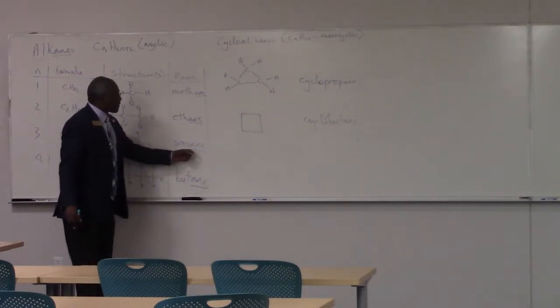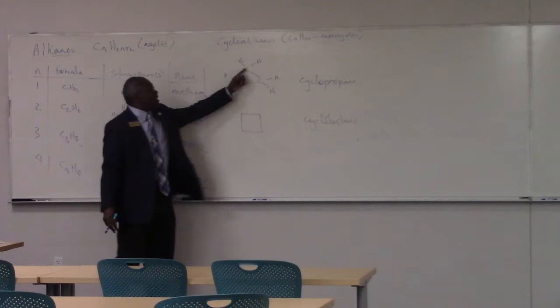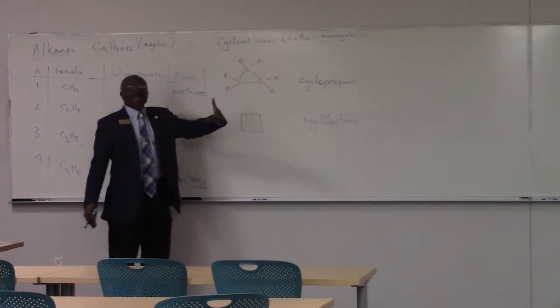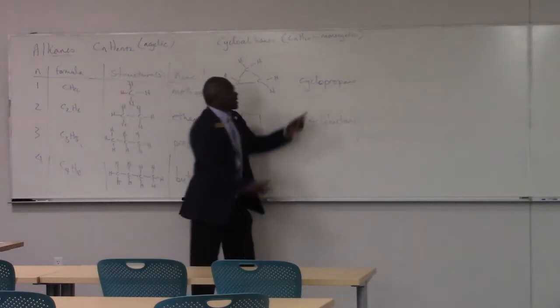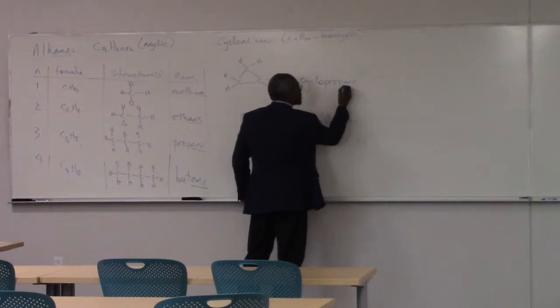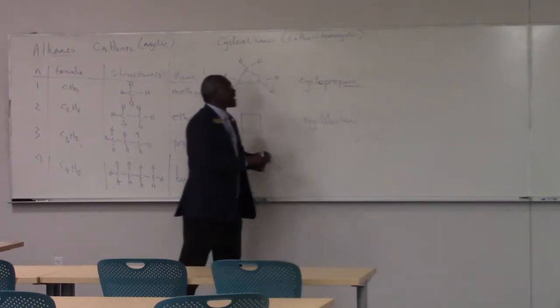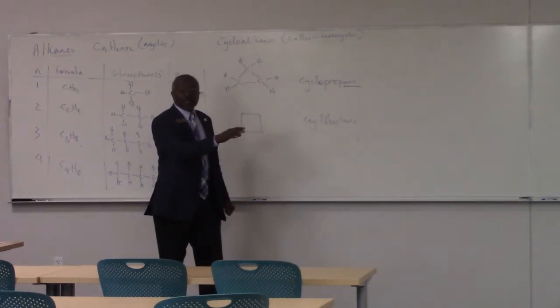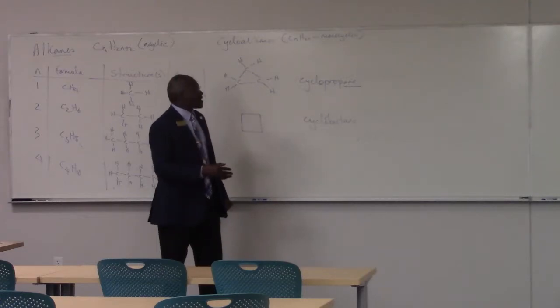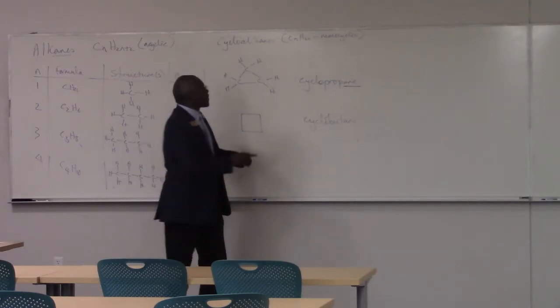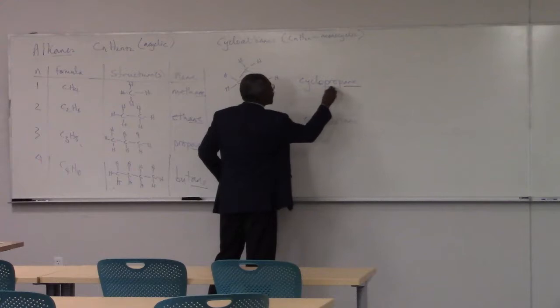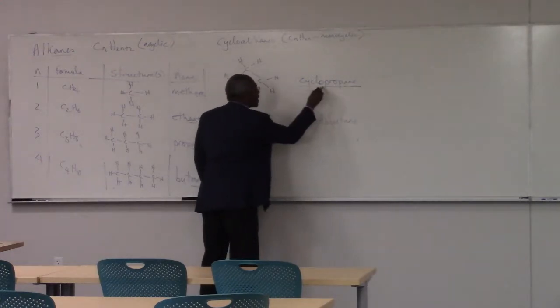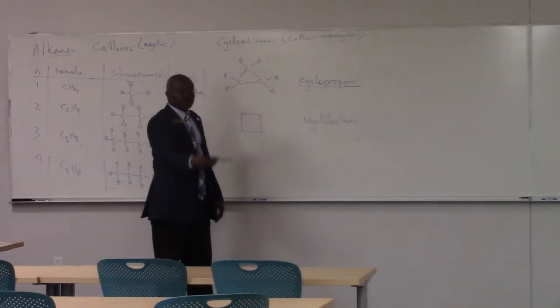Now, if I have a 3-carbon species that is cyclic, well, it's an alkane in the sense that it only has carbon-carbon single bonds and carbon-hydrogen single bonds. That's alkane. It's got 3 carbons, so it's propane, but it's a ring, so it's cyclopropane.